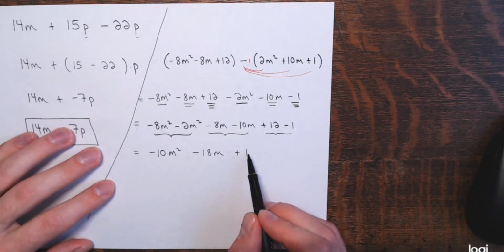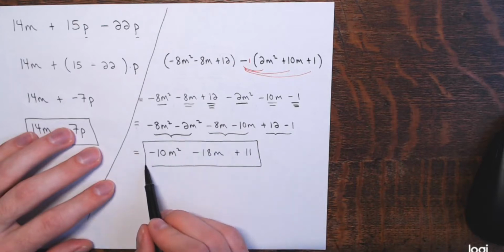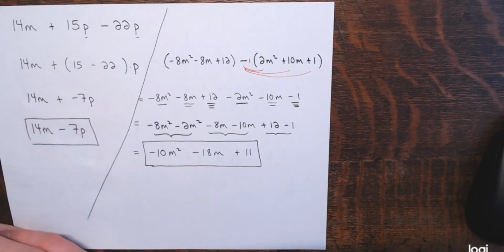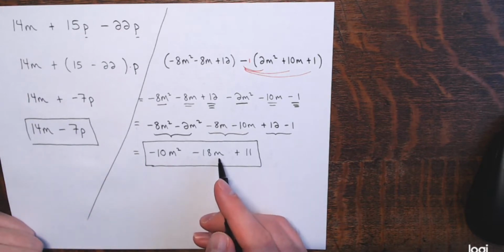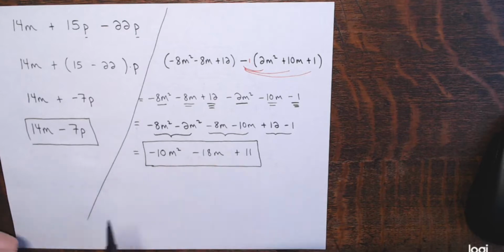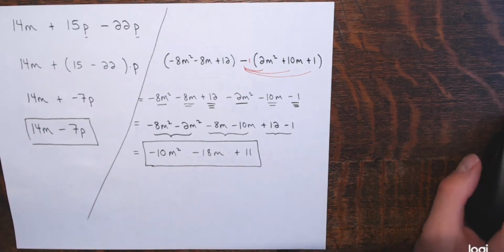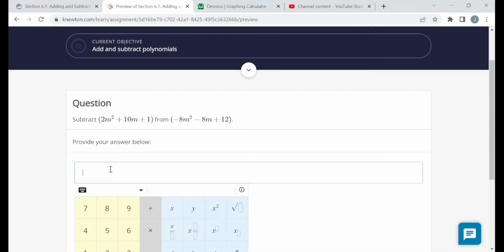And this is it. None of these terms are like. This has m squared, but this has m to the first. Totally different power on the variable. And this term doesn't have any variables at all. So you cannot combine any of these terms at all. Alright, so after performing that subtraction, we have -10 m squared minus 18m plus 11.